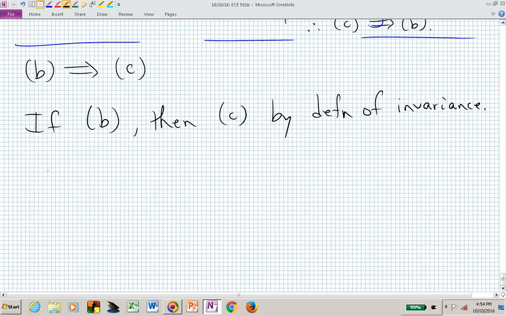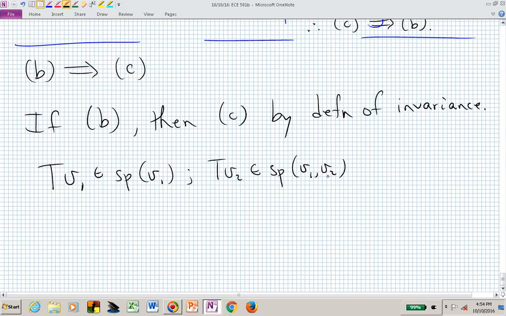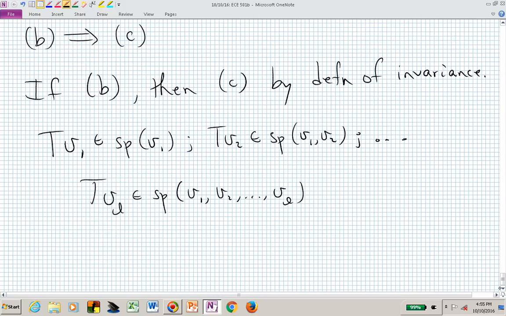Meaning B tells us that if we have Tv1, that's in the span of v1. Tv2 is in the span of v1, v2. And we just keep going, where Tv sub L is in the span of v1, v2, up to v sub L. And that's an invariance property.